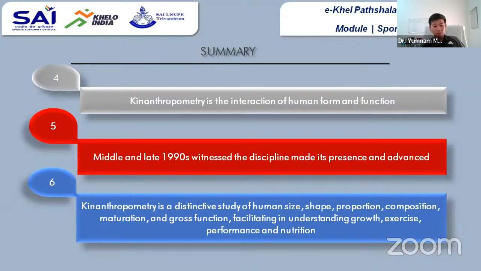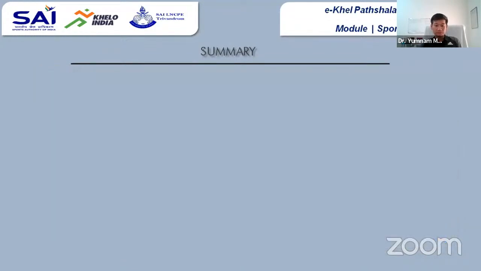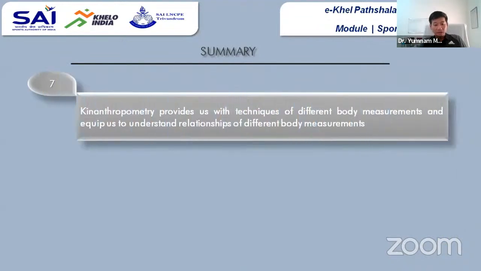Kinanthropometry is a distinctive study of human size, shape, proportion, composition, maturation, and growth function, which facilitates understanding of growth, exercise, performance, and nutrition. Kinanthropometry provides us with techniques of different body measurements and equips us to understand the relationship of different body measurements.